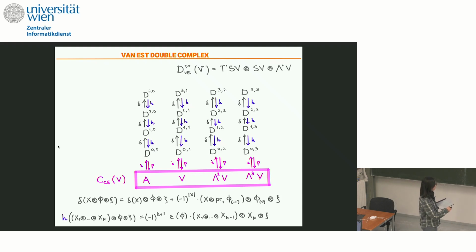So you see, you have your tensor algebra part over here, x1, xk. And here what we do is simply, I would say, a trick. So you move the last part of your tensor algebra part to the SV slot, so the middle slot, and then you project phi away. So this is your homotopy.